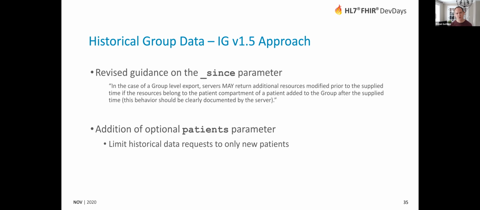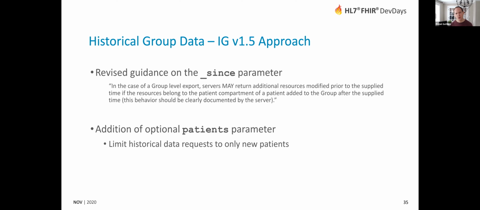So if you do a _since request, you won't get necessarily that patient's historical data. Now you could request historical data on all patients in the group, just leave off that since parameter and get a full data set. But that might be many, many gigabytes of data that you don't really need. And so we want to have a way to get historical data only on the new patients added to a group, while still only getting modified data for other patients who are in that group.